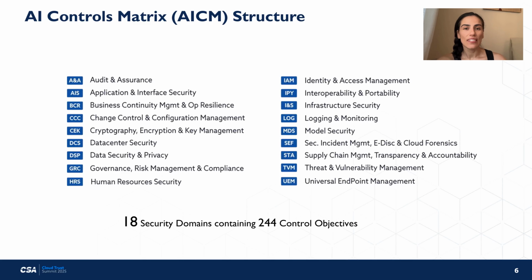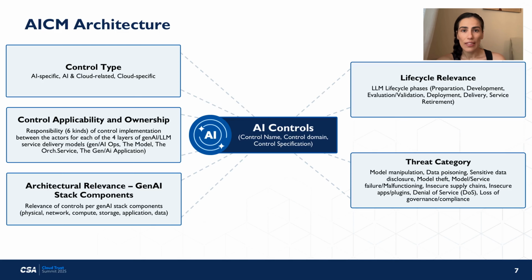Okay, so this is how it is structured. Different security domains, 18 in number, with one newly introduced, model security, and a total of 244 control objectives. And this slide is its architecture in a nutshell. In the center, we have the AICM controls, which we identify by control name, the domain, the security domain they belong to, and the control specification, which describes in few words what this control is about.